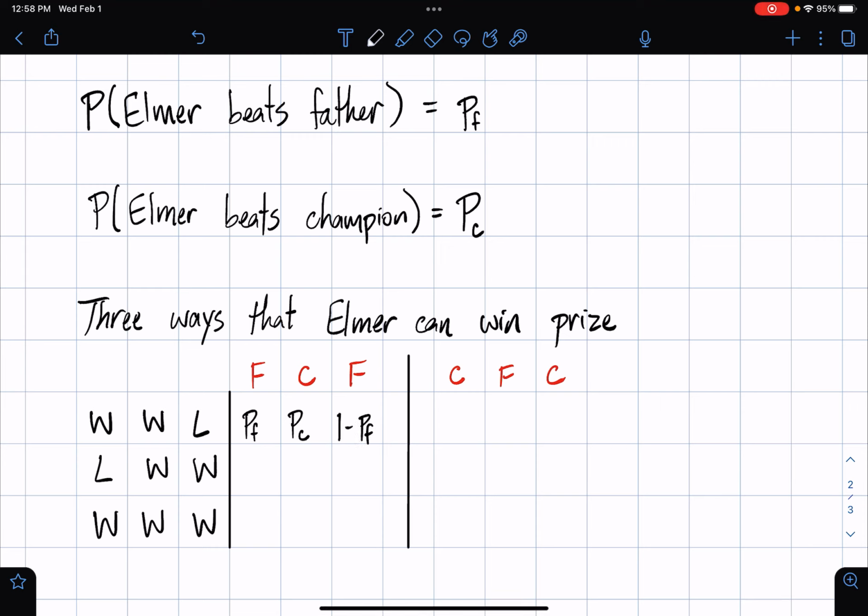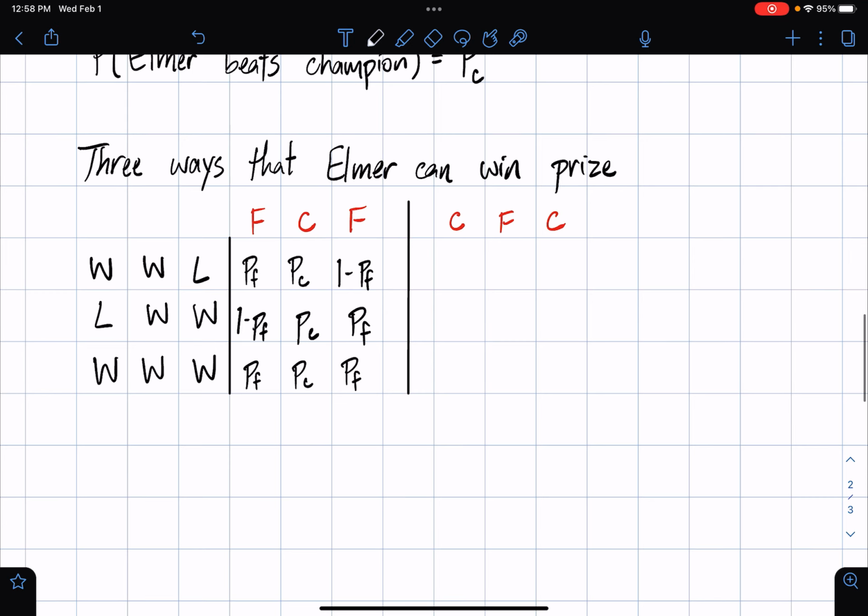Similarly down here, we have something sort of similar. And then lastly, the probability that Elmer wins all of the games is just the probability of beating father, beating champion, beating father. All right.